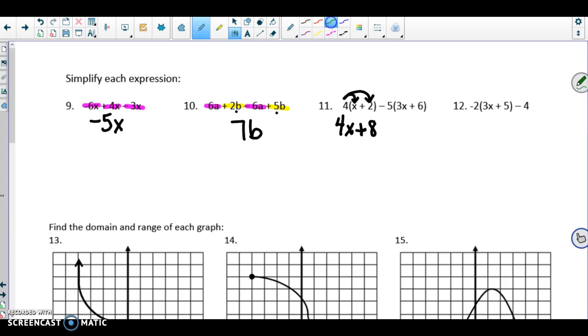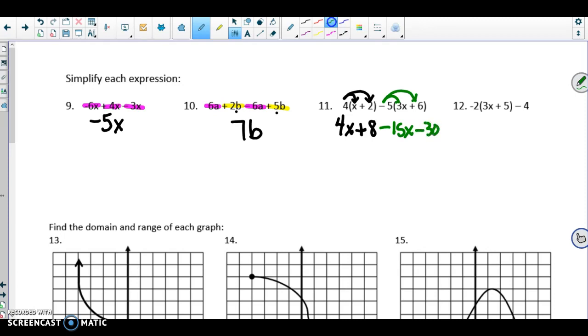So I need to pay attention to that and do the same thing. I'm going to distribute here and here. Notice it's not just 5, it's a negative 5. So when I distribute the negative 5 in, I have negative 15x. And the negative 5 times the 6 would be a negative 30.